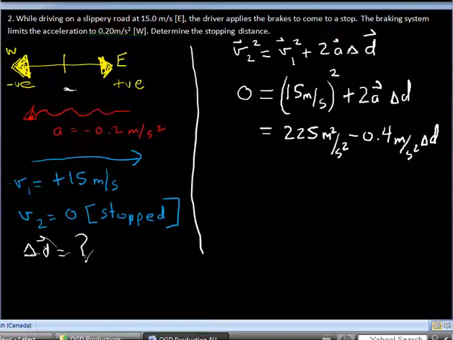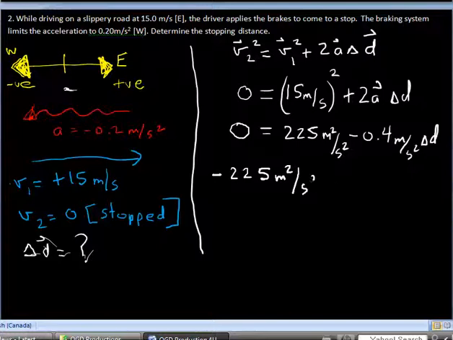Okay. Now again, grade 9 mathematics. Get rid of your term first. So you subtract 225 from both sides. Then I'm going to divide both sides by 0.4.